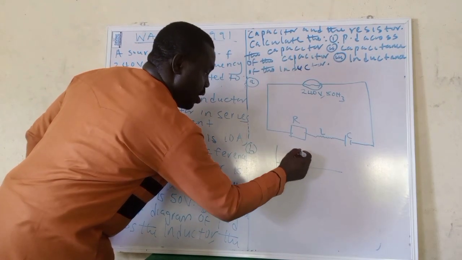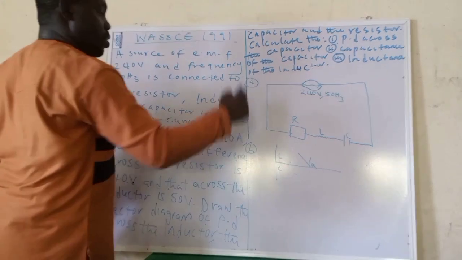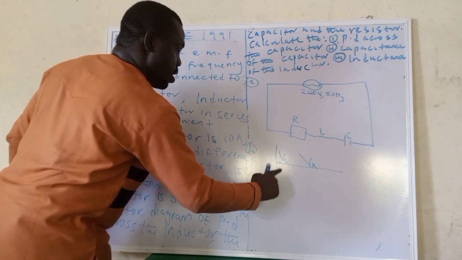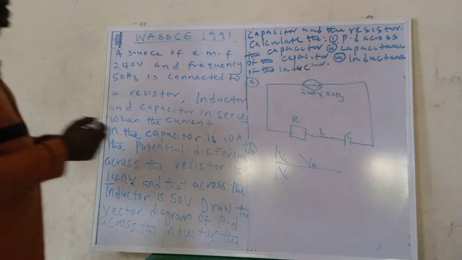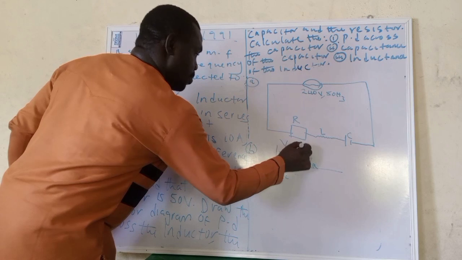So we just have to sketch something like this. And then we have the VR. Of course, we can take this up, or you can even write something like VC, and then we can have something like this. So this gives us a vector diagram.